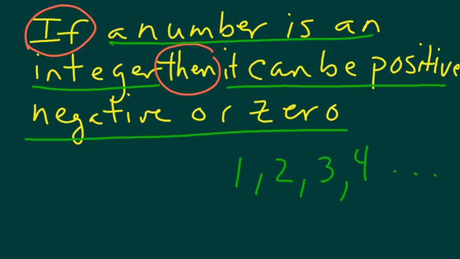There are negative integers like negative 1, negative 2, negative 3, and a bunch more. And there's 0. So is there any other thing you can think of that would prove this false? Because all of these prove it true. No, this is a true statement. Let me show you an example.